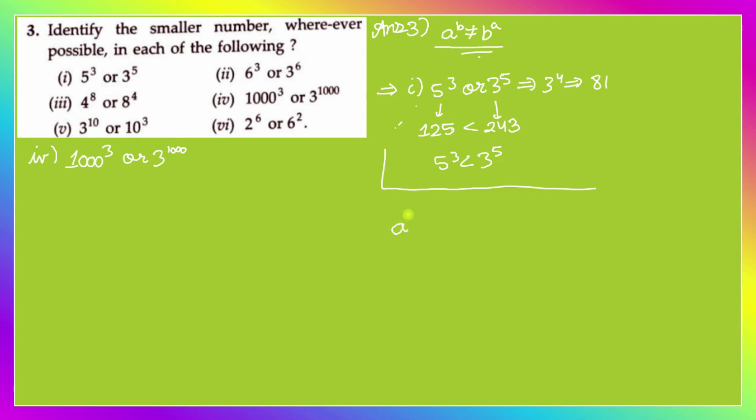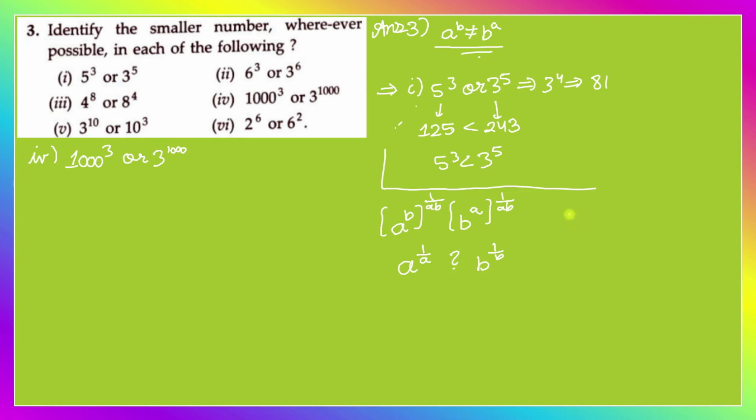In this case we have to compare a to the power of b and b to the power of a. So the first step would be to raise both sides by 1 upon ab. Like this, we get a to the power of 1 upon a and b to the power of 1 upon b. And now we have to compare these both.